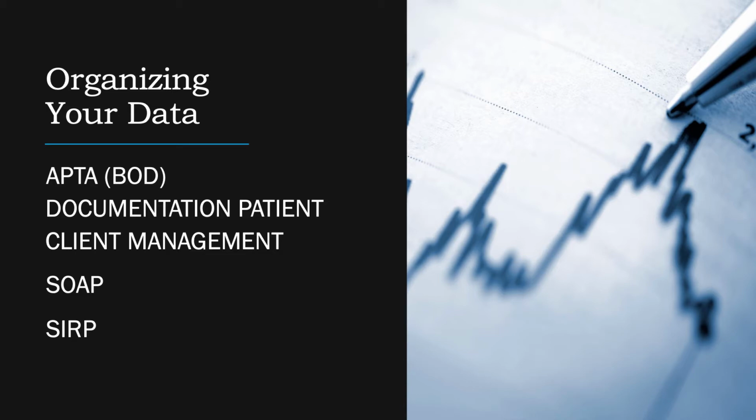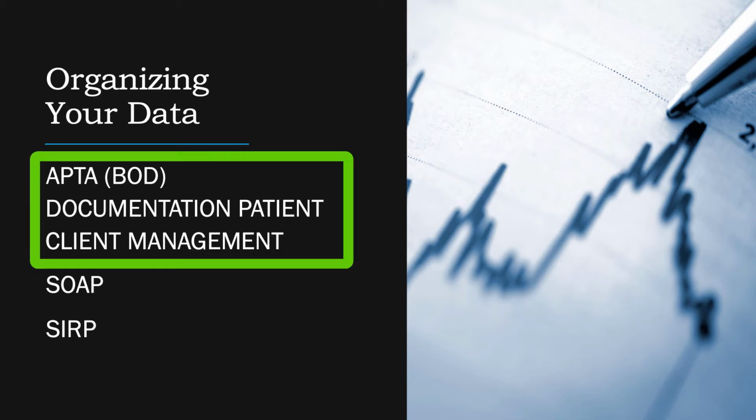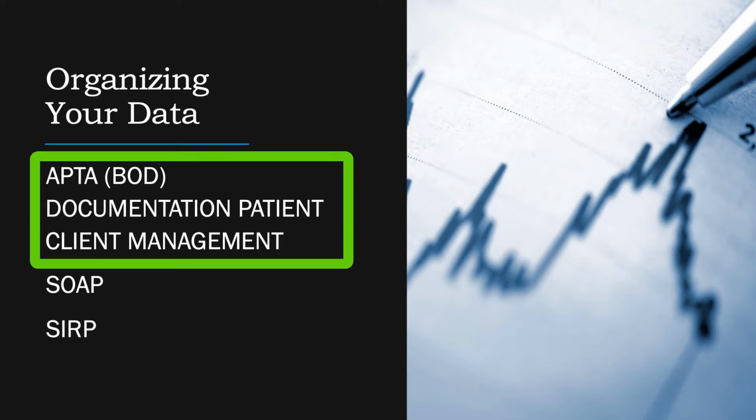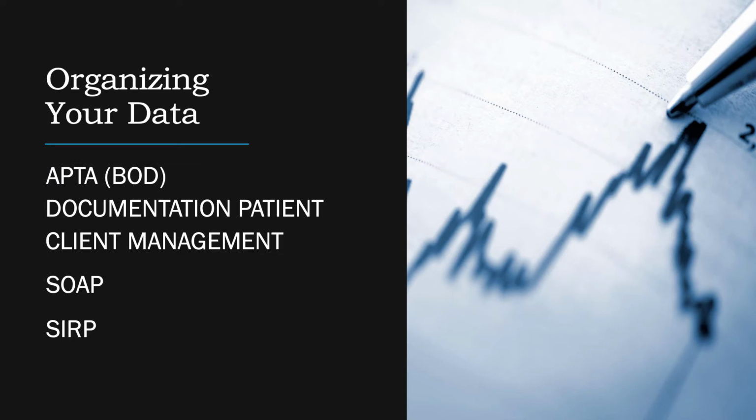Our guiding document to help us with organizing our data in this way is the APTA Board of Directors document that basically lists the required information for each type of patient encounter, including an initial evaluation, a routine visit, a re-exam, or discharge. We also, in our patient management course, if you remember, talked about the SOAP format as well as the SERP format.